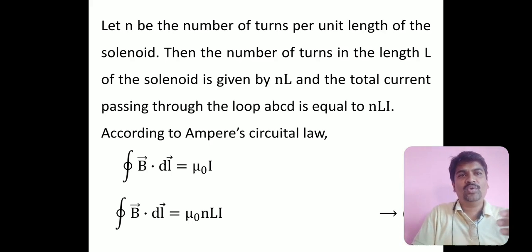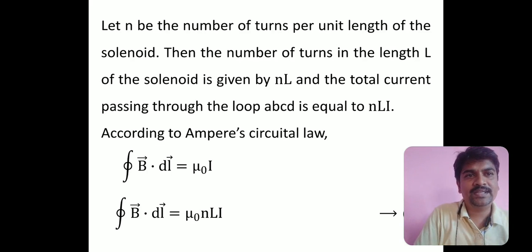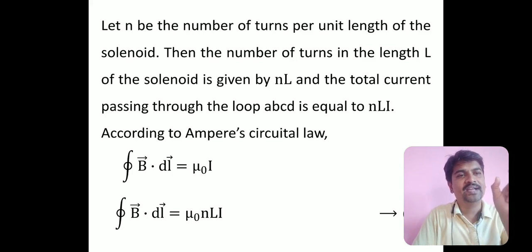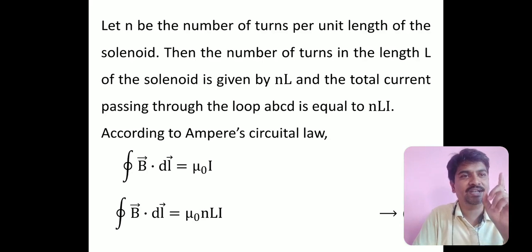Total current passing through the loop ABCD will be equal to, now it is not just I, the current in that loop. I have told you it is the current enclosed, it is the net current enclosed. You cannot take simply I here for current.